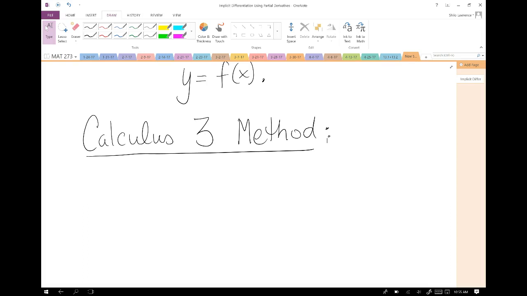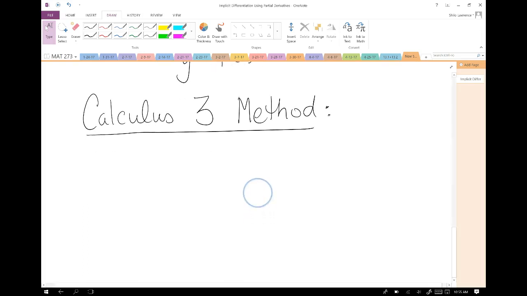We've got a lot more options now, especially now that we're working with functions of several variables. We could set up this derivative any way we want to, especially now that we're going to use partial derivatives to do that.